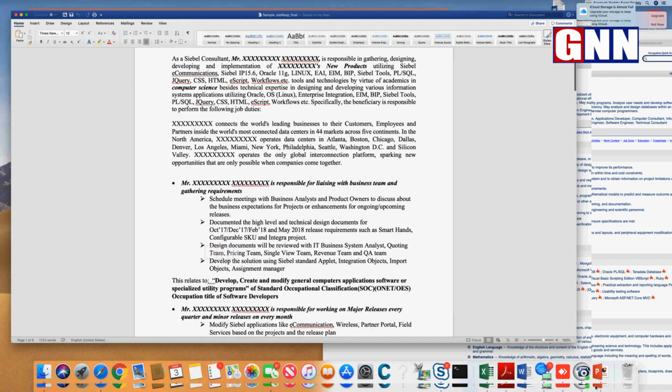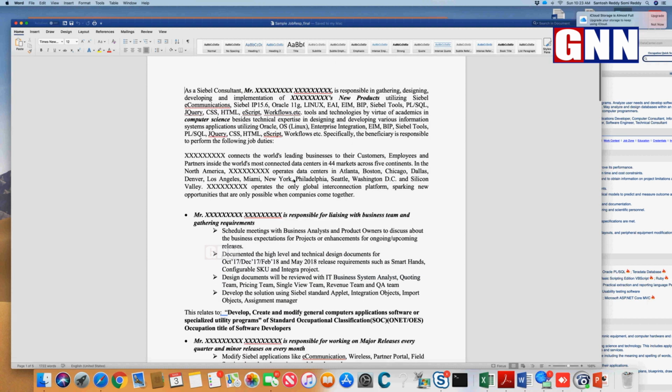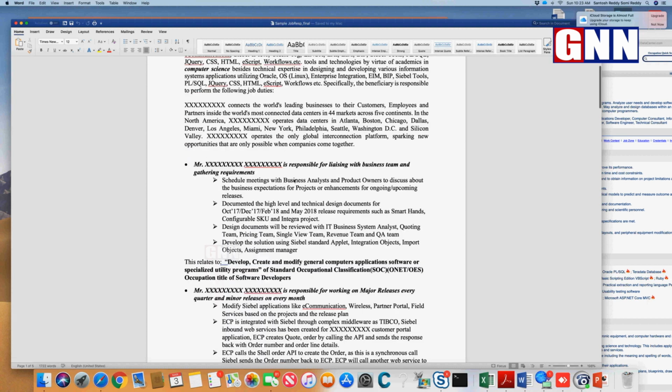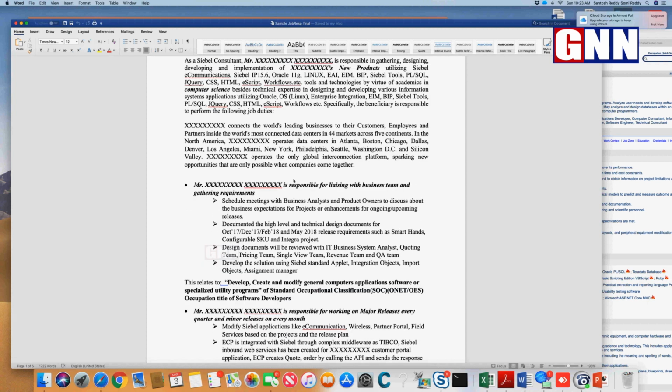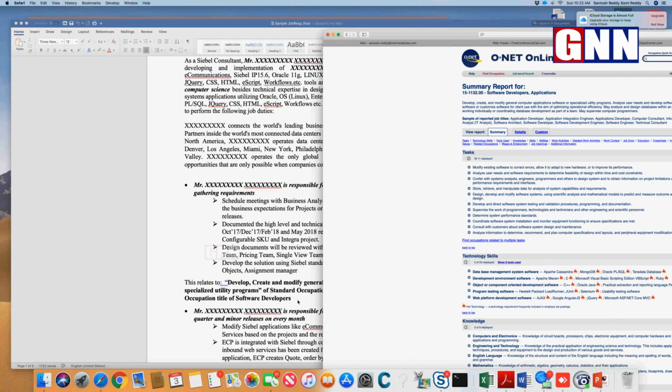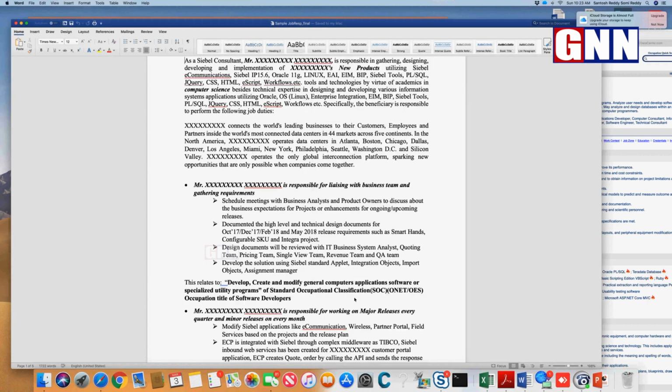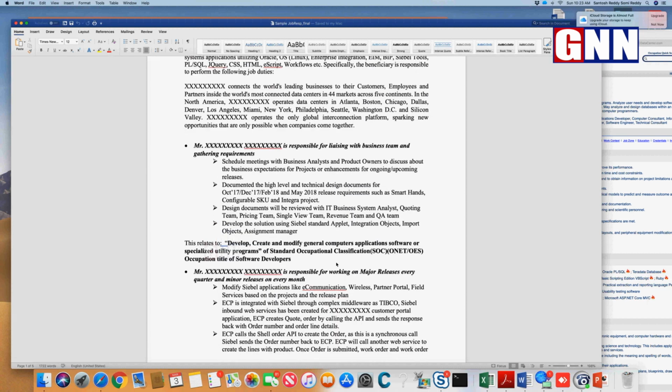Here these job duties are for a software developer position, and hence when we write these job duties, we are showing how each relates to one of the tasks for that SOC code. This will make sure that the officer understands that this position is related to that particular SOC code task.